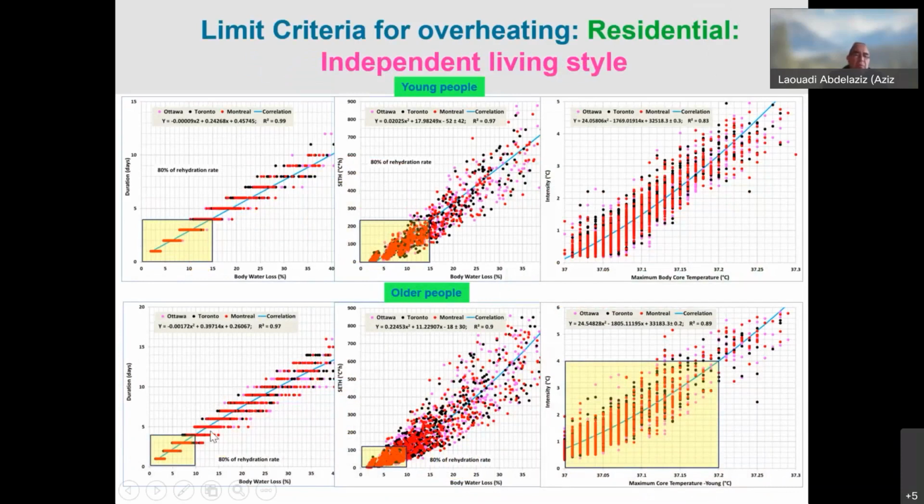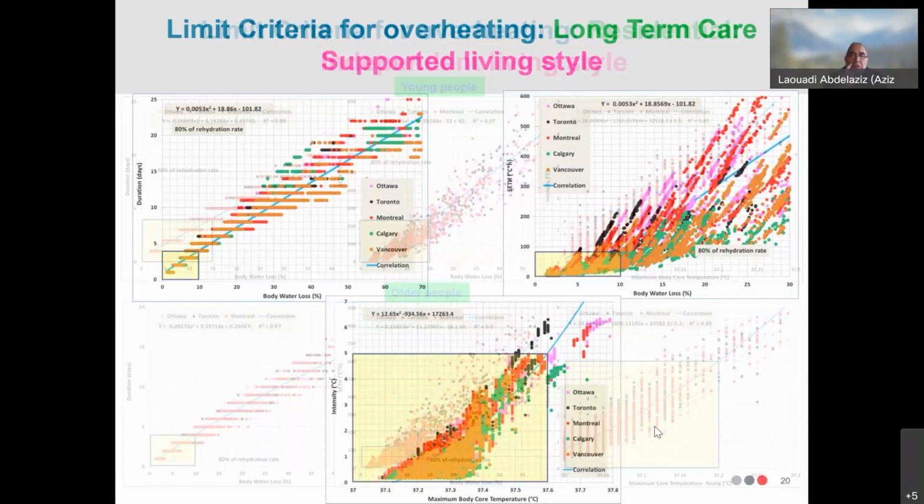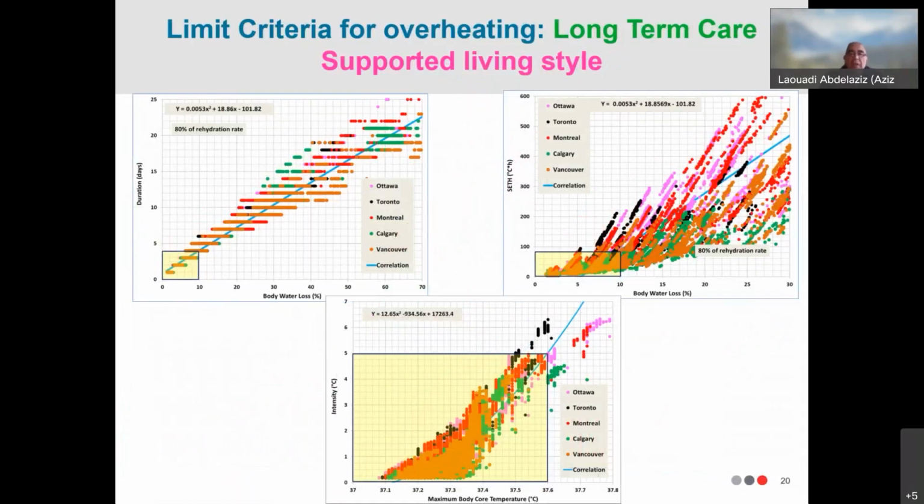For older people, there are 3 criteria: the duration, the severity, and the intensity values. For long-term care buildings, there are as well 3 criteria: duration, severity, and intensity.